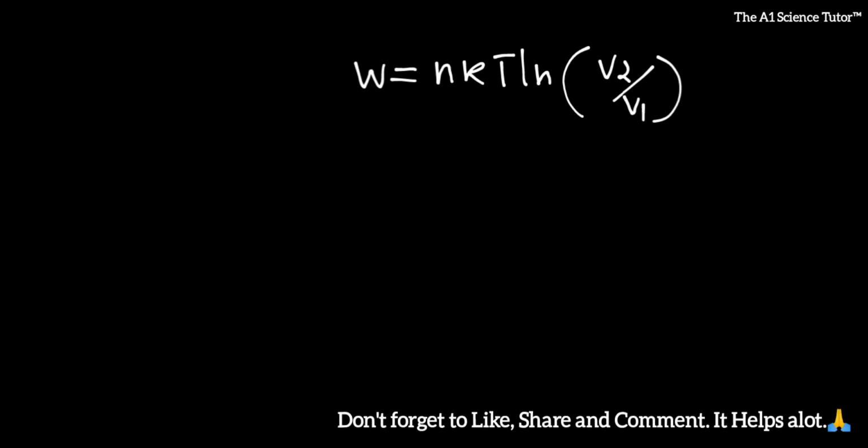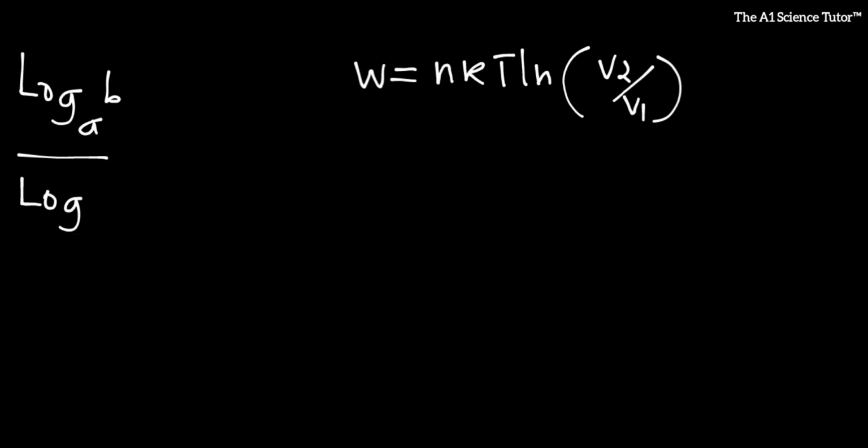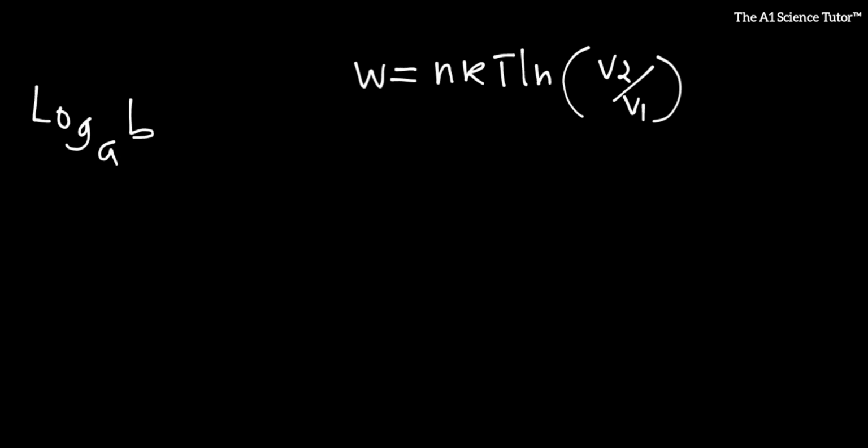Now, there is a law in logarithms. If you have log to the base a of b and you want to introduce another base, you would change this form into a fraction.